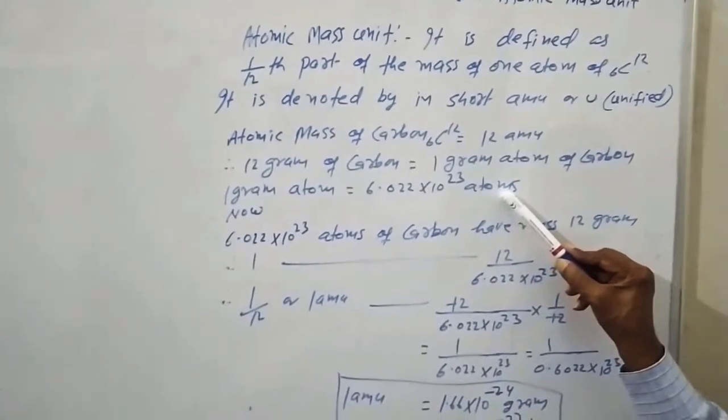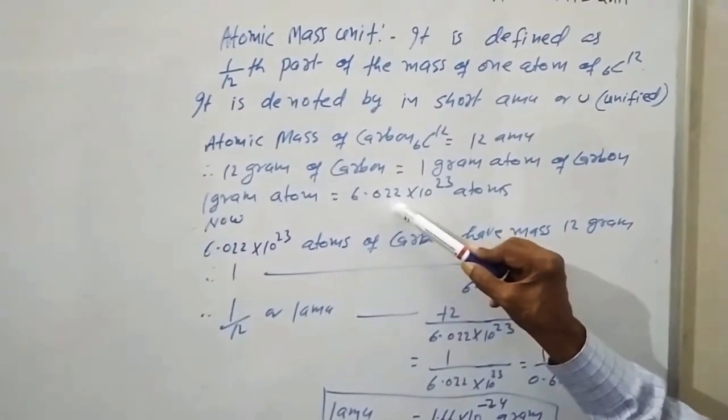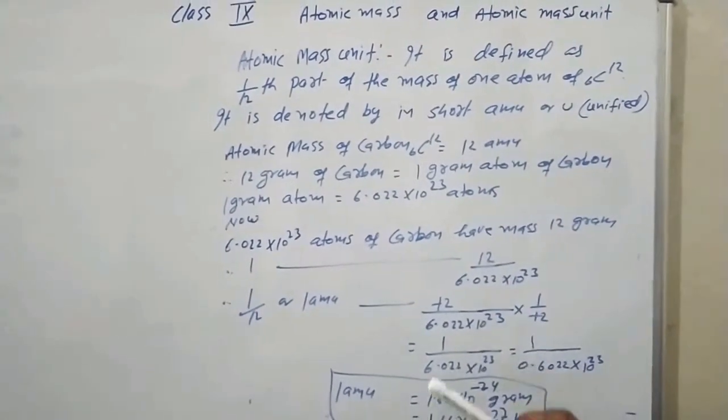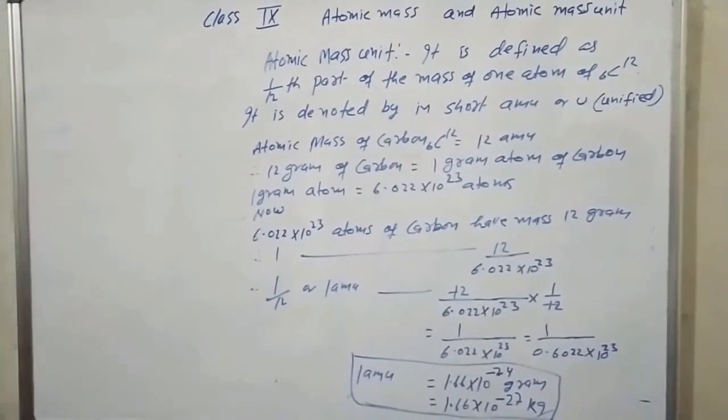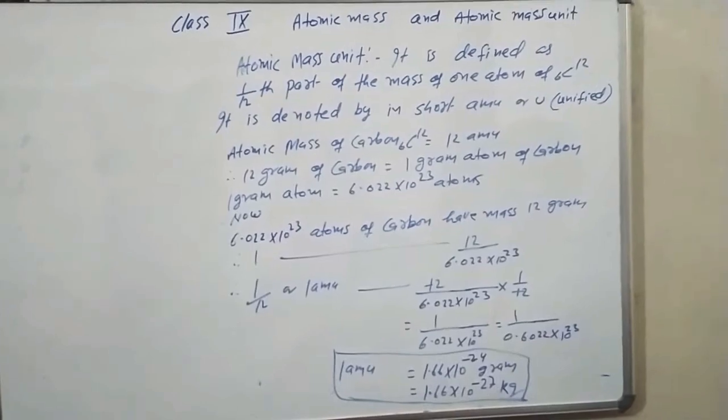It means 6.022 into 10 to the power 23 atoms is equal to 1 gram atom for any elements.